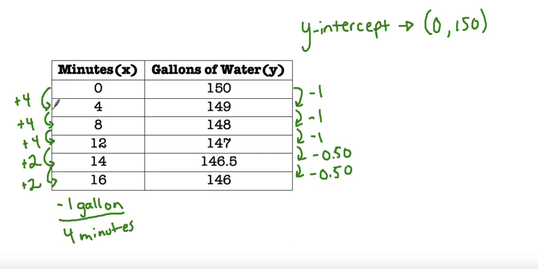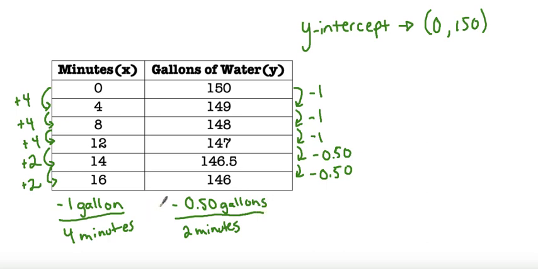And that happens here, here, and here. So the same thing happens. And then here we're losing half a gallon in 2 minutes. Okay? And so here, when we're losing 1 gallon in 4 minutes, that's the same thing as losing half a gallon in 2 minutes. Okay?